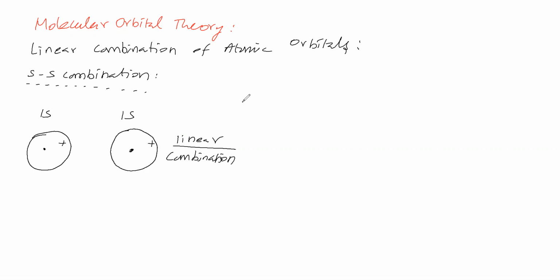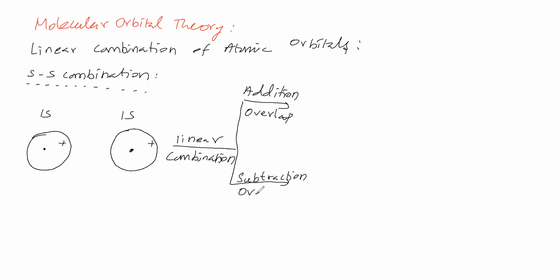Linear combination means two types are possible: one is addition overlap, another is subtraction overlap.